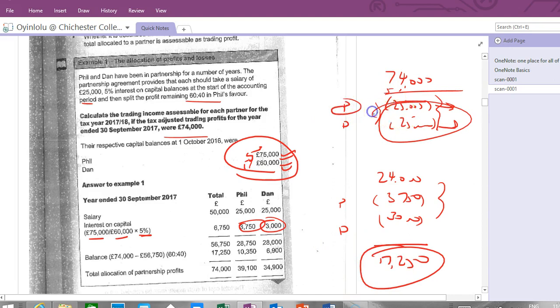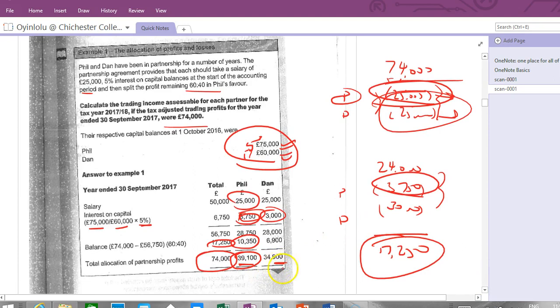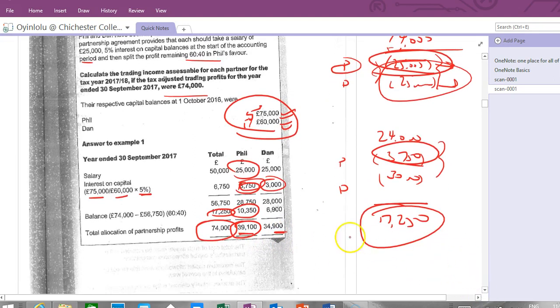Now we can split this between both parties in the ratio 60 to 40. Phil would have 25,000, 3,750, and his own share of the 17,250. Ultimately we are assessing Phil on 39,100 and Dan on 34,900, which comes to the 74,000. That's the very first thing you need to remember. Their year end is the 30th of September 2017, so this will get assessed in the tax year 2017/18, just as normal, as though they were sole traders.